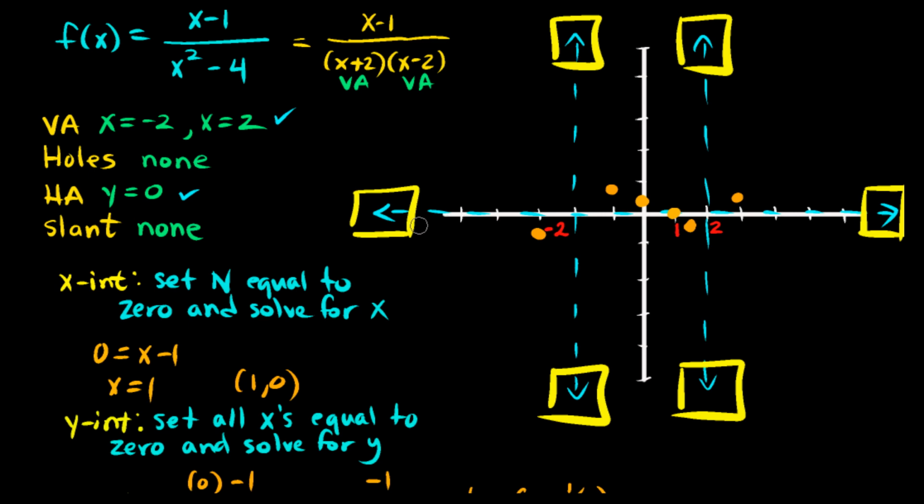So for example, this part of the asymptote is going to pull this toward it. I know for a fact it's going to pull the graph ever so close to it.